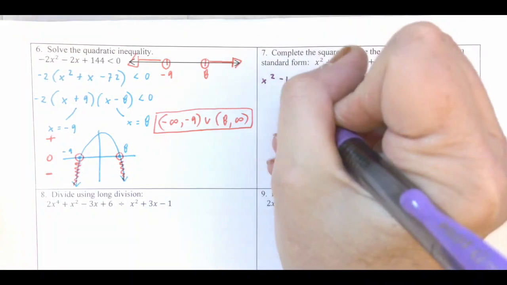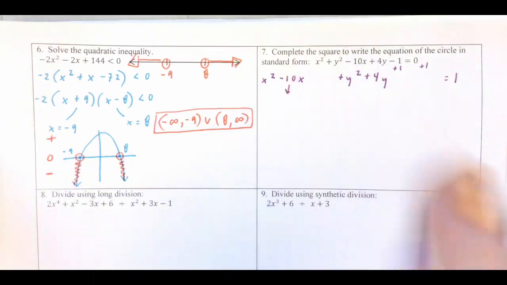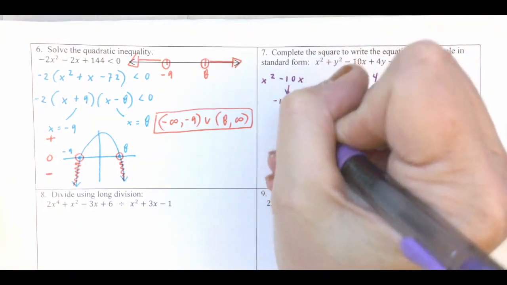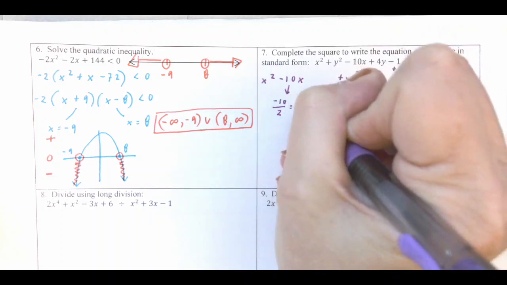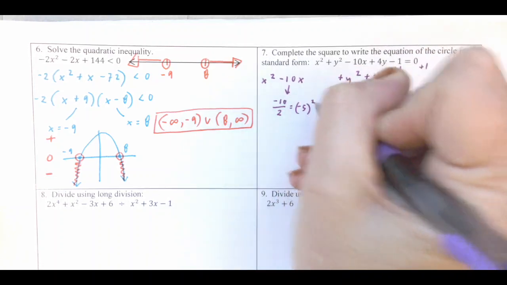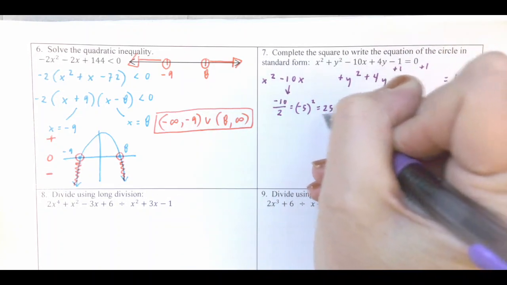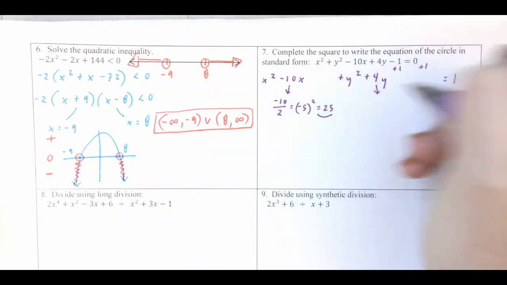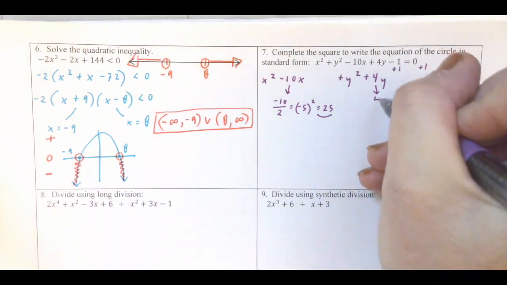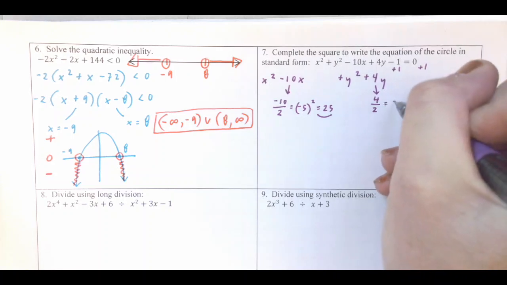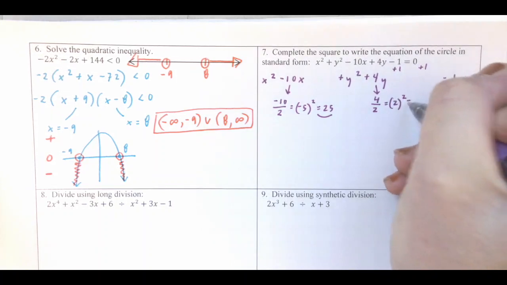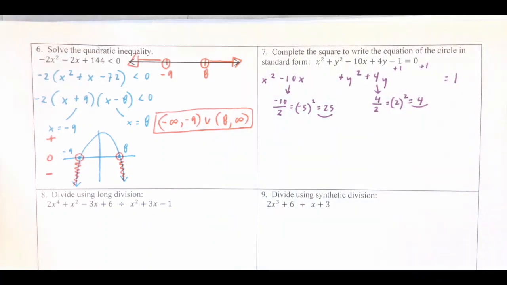So I complete the square for the linear term for the x's, take that negative 10, split it in half, square it, we get 25. Same thing for the y's, split it in half, square it, we're back to 4.